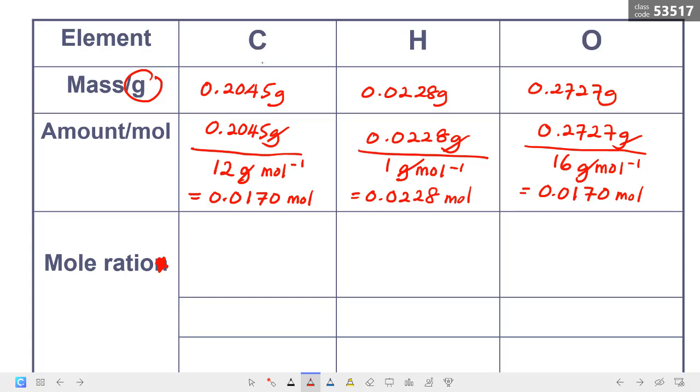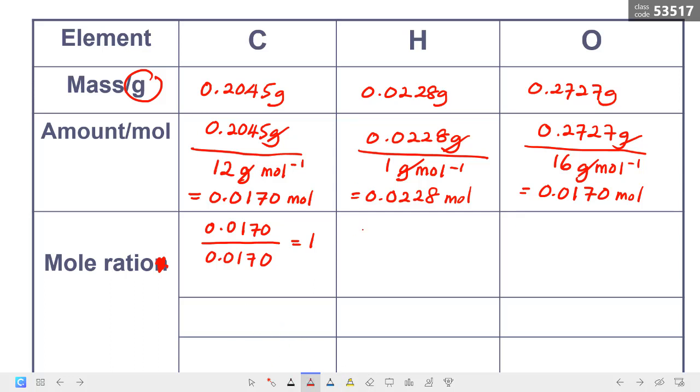Okay, so now let's say for carbon 0.0170. Okay, divide by mole yang paling kecil kalau you tengok kat sini adalah 0.0170. Okay, so bahagikan you will get 1 here. Okay, 1.0. Okay, saya tulis kat sini dulu 1. Okay, ini saya padam.